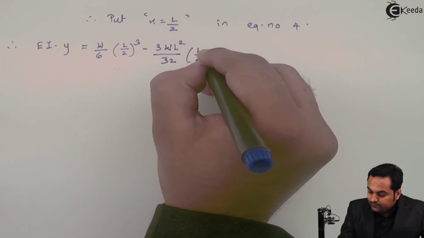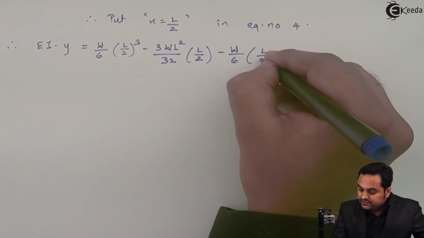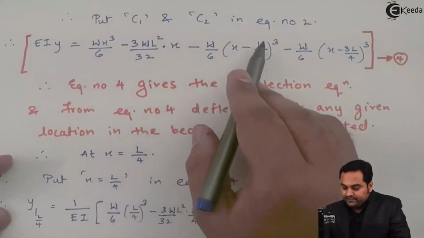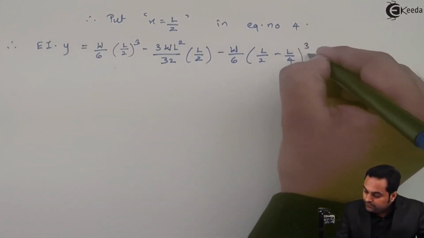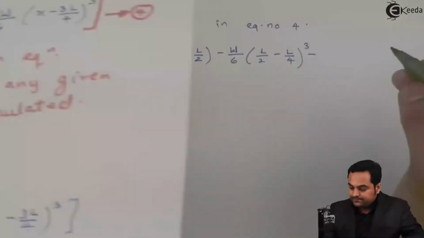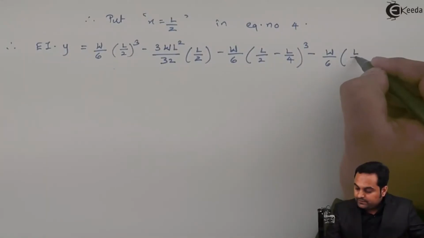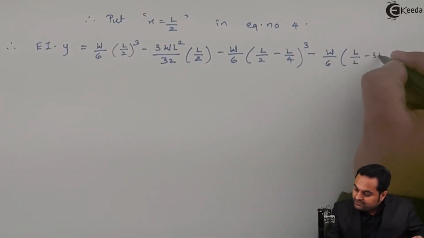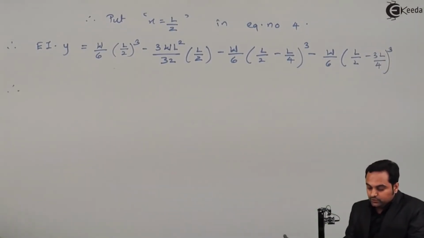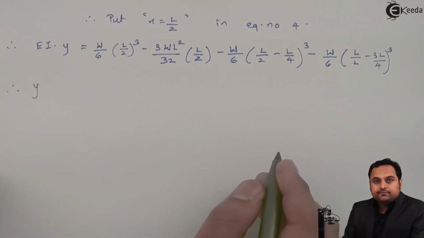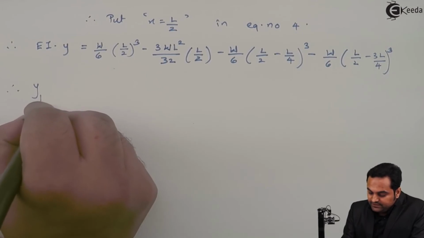X is L by 2 minus L by 4 cube minus W by 6. X is L by 2 minus 3L by 4 cube. So here I'll keep y on one side, and this is at x is equal to L by 2.